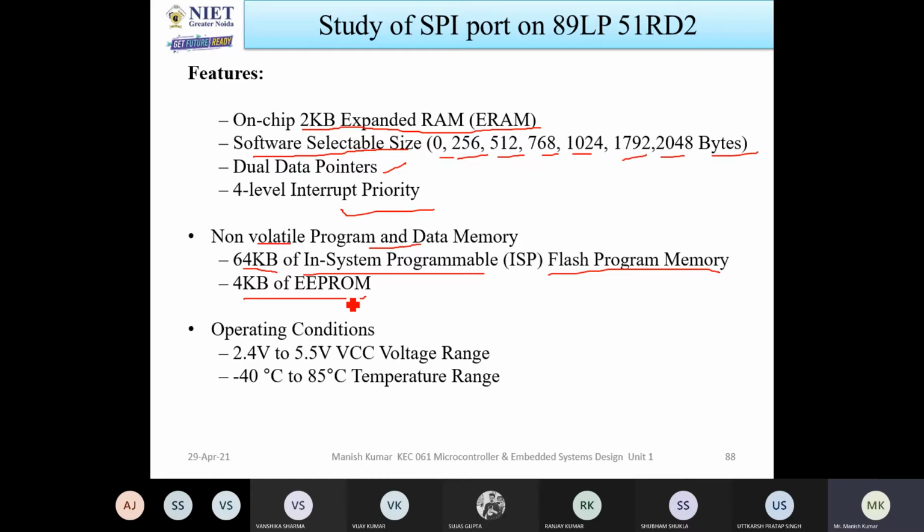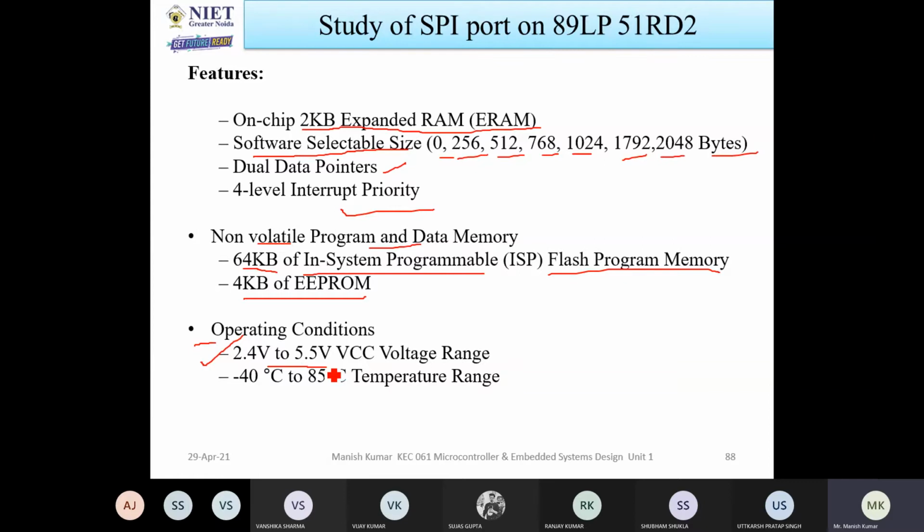So now the operating conditions. The operating condition is it will work at a 2.4 volt to 5.5 volt VCC. Between 2.4 volt to 5.5 volt, it will work fine. If you supply greater than 5.5 volt, it will be burnt off.